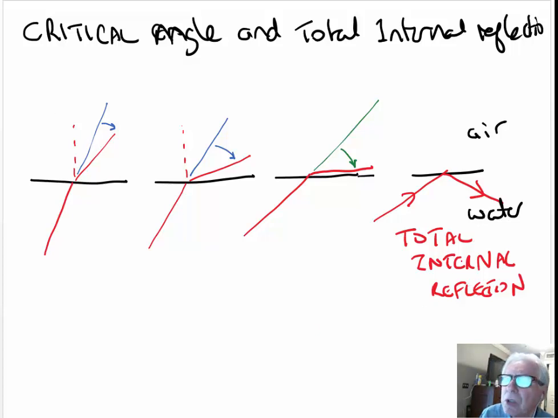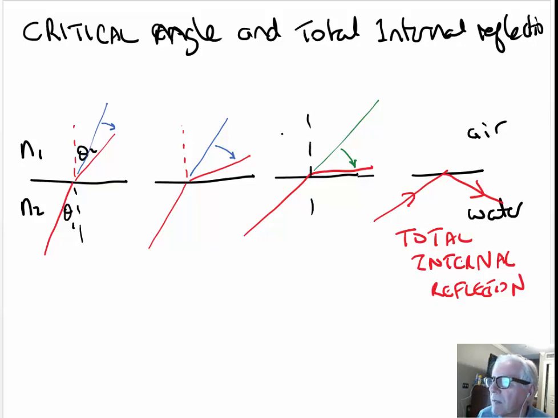And if I do good old Snell's law, so this is n1 and this is n2, and this is theta 1 and that's theta 2. For this example here, this is n1 and that's n2. Got those numbers backwards. And this is theta 1 equals 90, and this is theta 2.